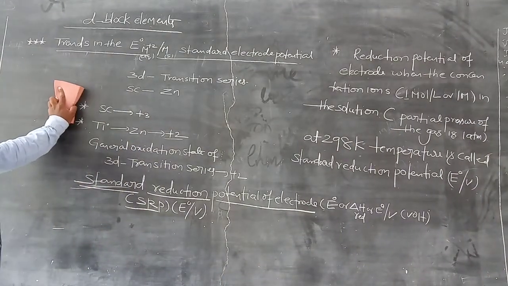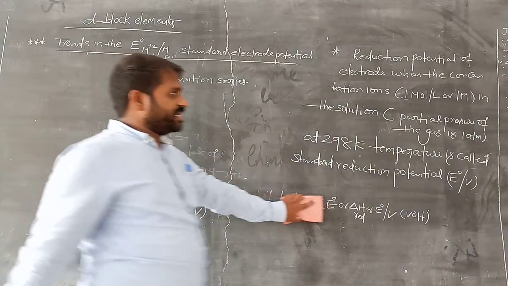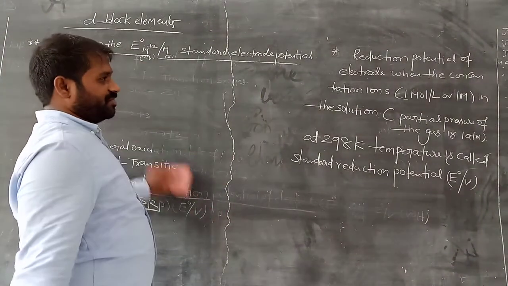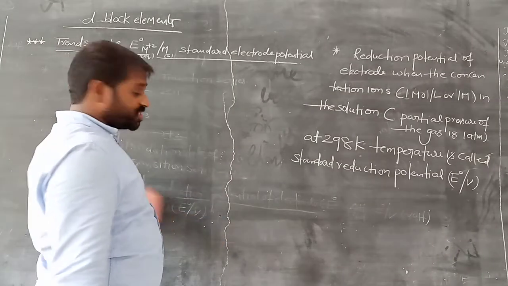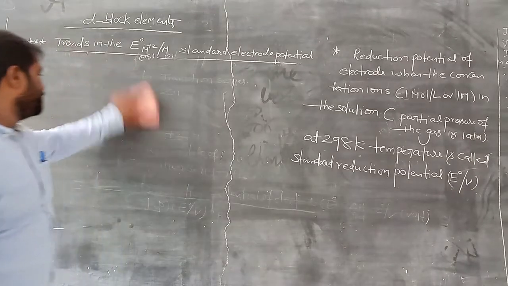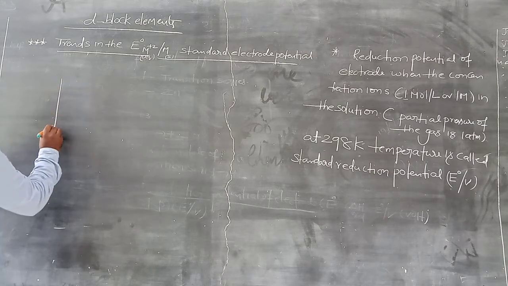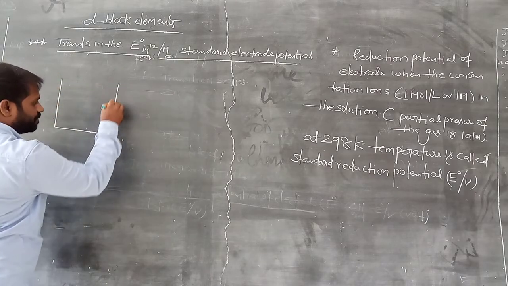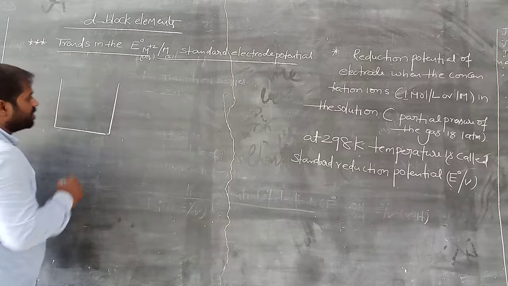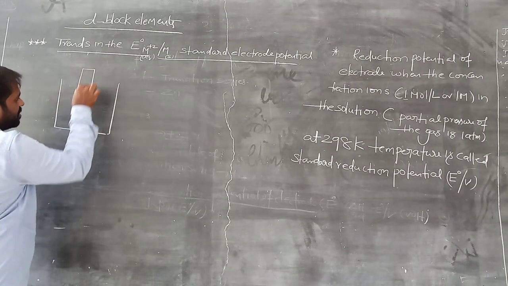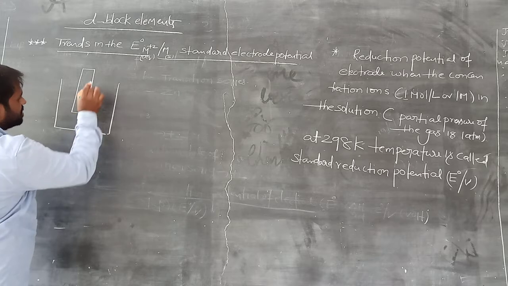So now what is electrode potential? What is the reduction potential of an electrode? Potential of an electrode means, let's see, this is the cell. Now this is the metallic rod, suppose zinc.